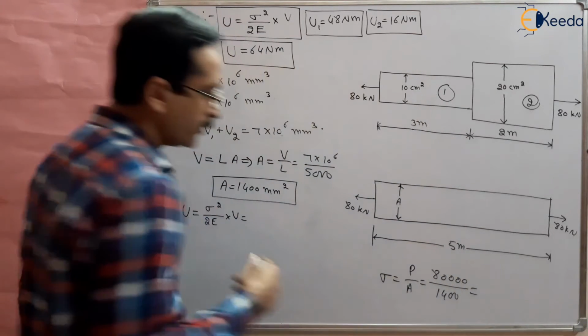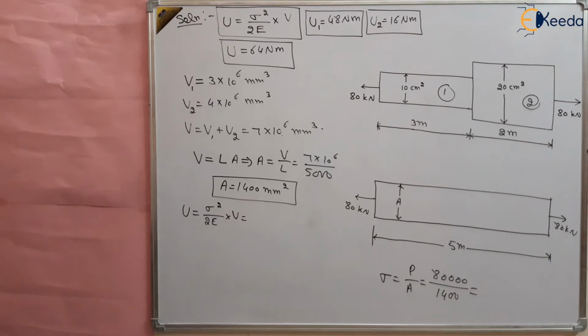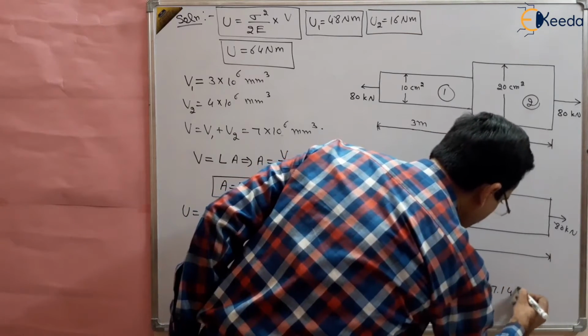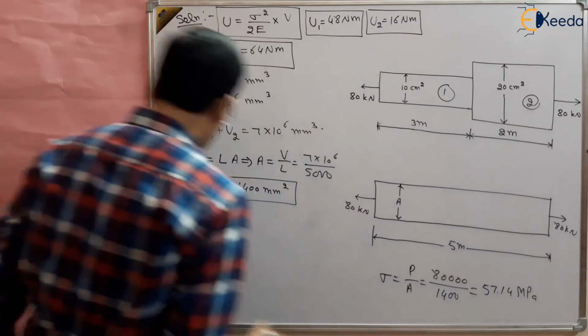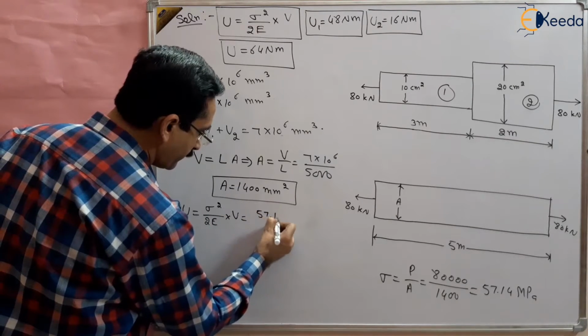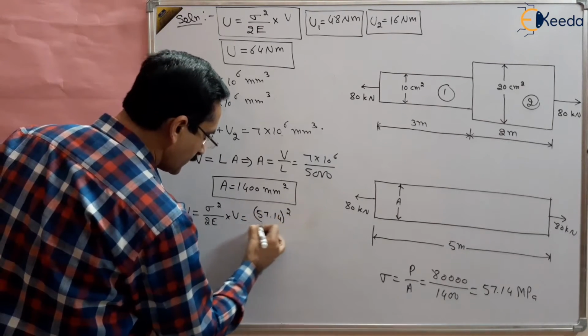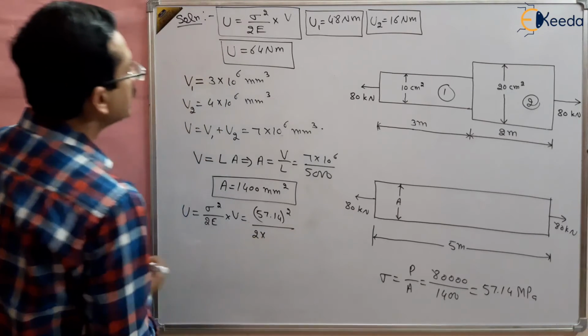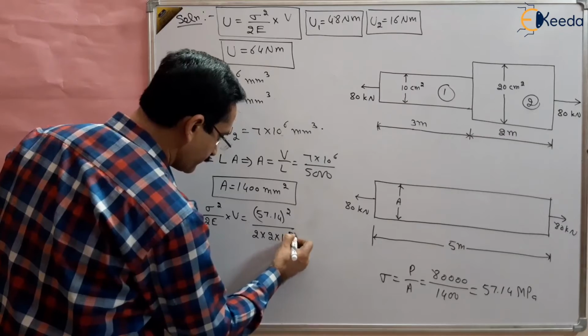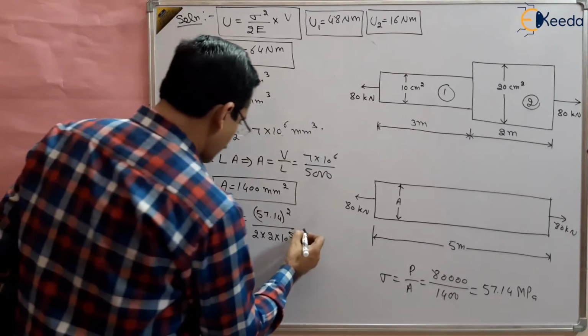So stress developed in this material will come out to be 57.14 megapascal or Newton per millimeter square. So you can put here 57.14 square divided by 2 multiplied by E, which is again the same. How much was the E? 2 into 10 power 5, multiplied by volume.